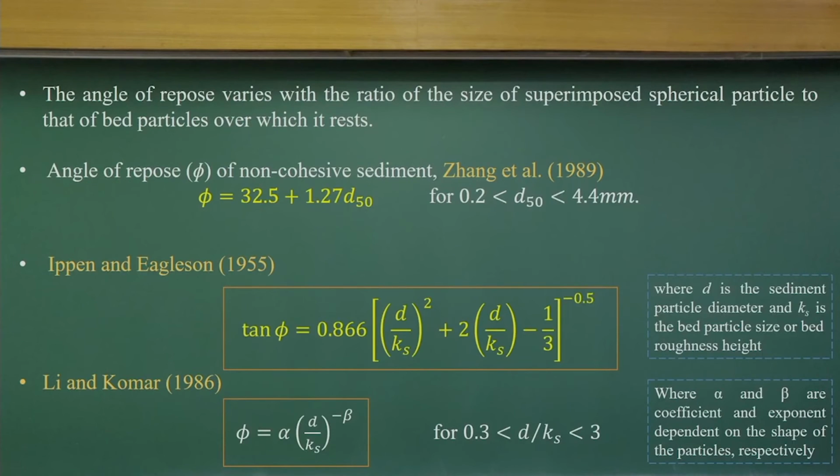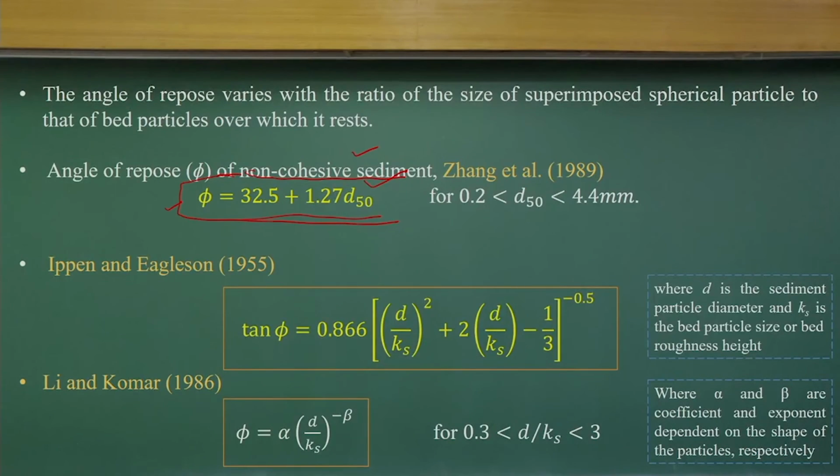Many times we go for more detail. For non-cohesive soils like sand, we try to find the angle of repose with empirical equations which establish a relationship between the angle of repose and D50. D50 stands for the diameter at 50% finer.